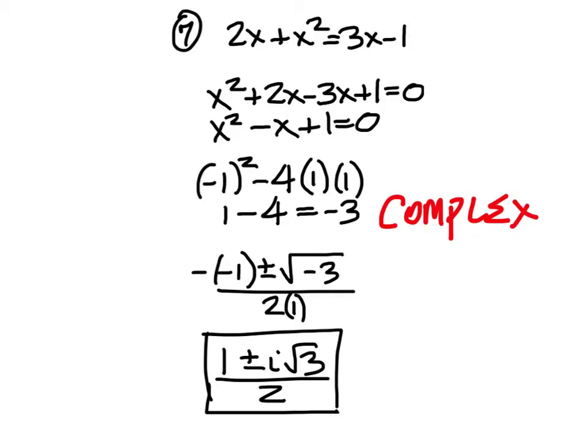Use the formula. Here's B. This is B. So negative negative 1 plus or minus the square root of negative 3 over 2 times 1. 1 comes from the A. If you simplify, you get 1 plus or minus i square root of 3 over 2, and there's nothing more to do after that.